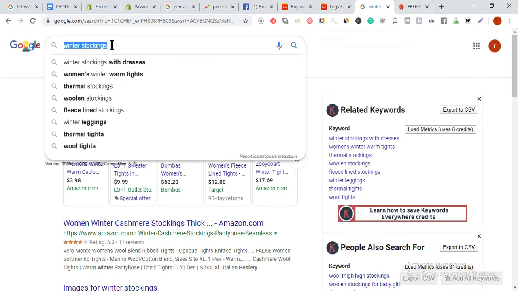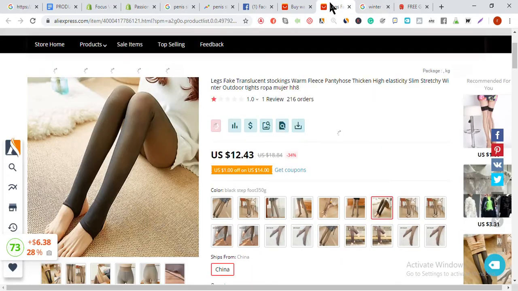Hold on. Winter compression. When you say compression, it's more of the really tight ones that make her legs look thinner. Yes, something like that. Or it's for medical purposes as well. But we can also try that. Let's just find something else for now.